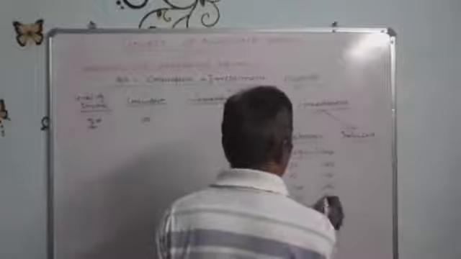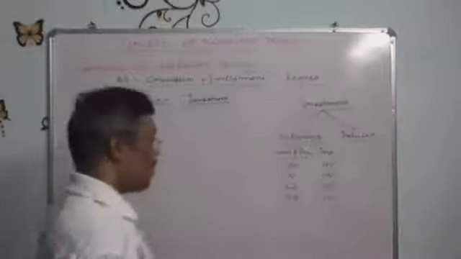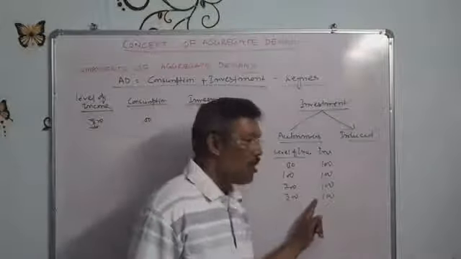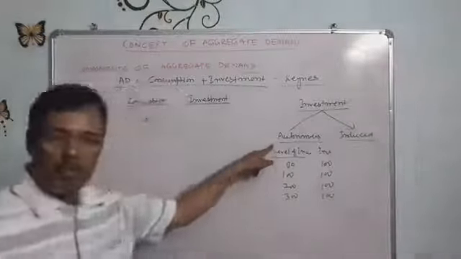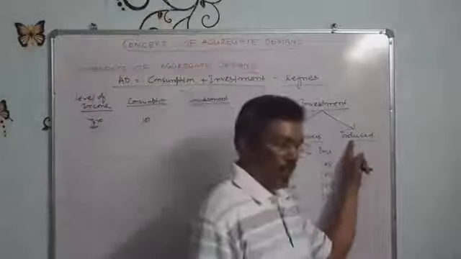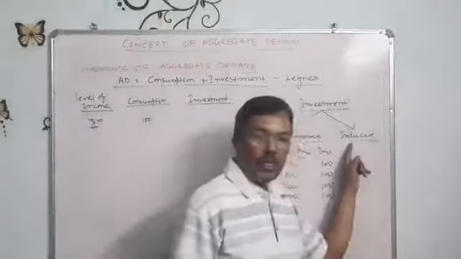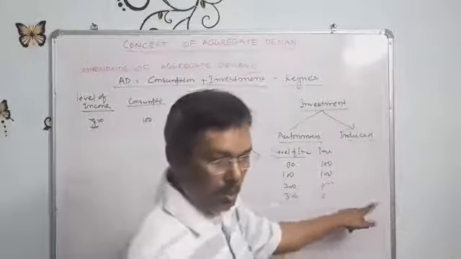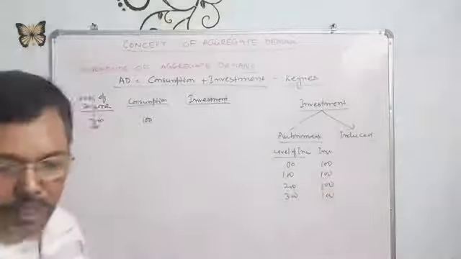Level of income is 300, investment will be 100. It means whatever may be the income, the investment remains the same. That is called autonomous investment. Induced investment is that investment which increases when income increases.